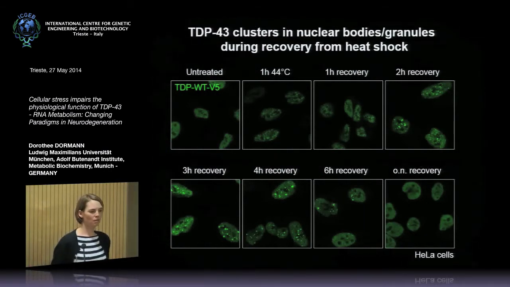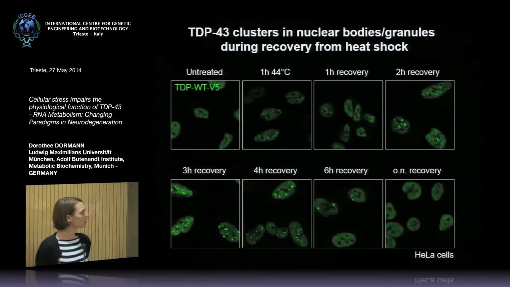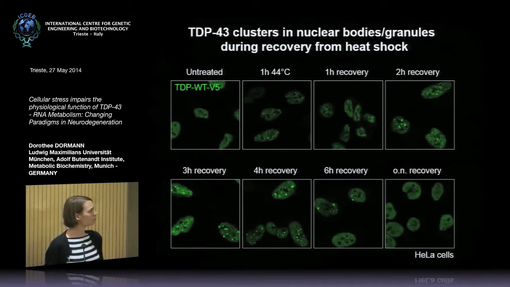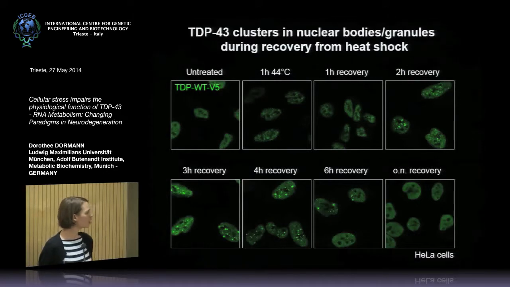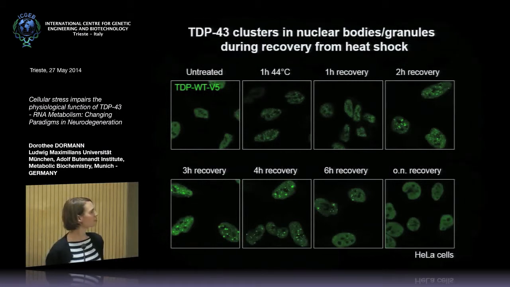If we use untransfected HeLa cells and stain them with a TDP antibody, you get exactly the same phenomenon, the same kinetics, and you see that it's a transient process. After 6 to 8 hours, and especially after overnight recovery, TDP is again redistributed homogeneously in the nucleoplasm.